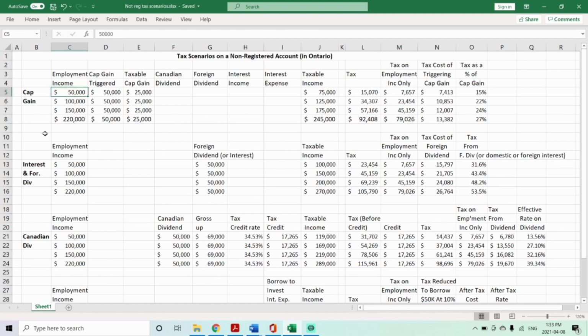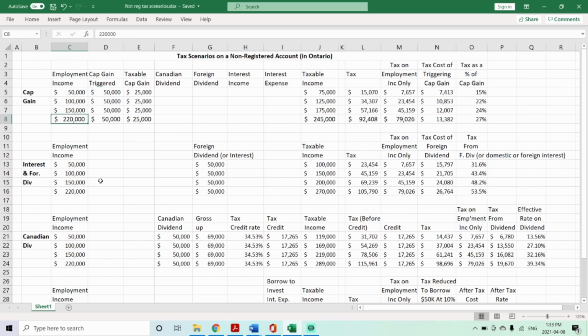If I plug $50,000 into that calculator, I get $7,657 of tax owed. That's the situation if I didn't trigger the capital gain. So I triggered the capital gain, I owe $15,070. Had I not, I would owe $7,657. The cost of triggering that capital gain is $7,413, which is 15%. So $7,413 divided by the $50,000 that I triggered is 15%.